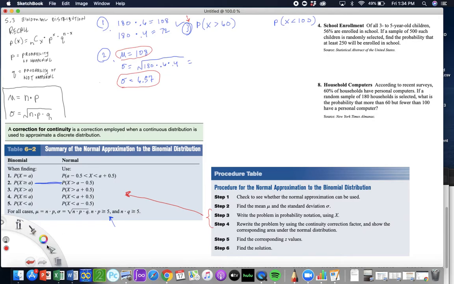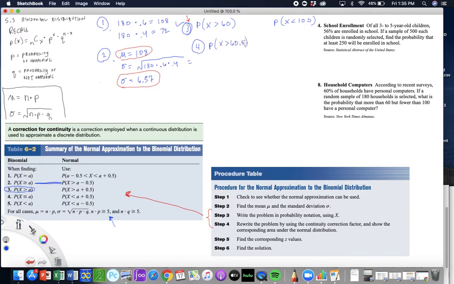So I'm going to rewrite these. Again, looking at the chart, I'm going to look in this chart for P(x greater than 60). So the greater than is right here. I look across and I see that I have to add 0.5 to the value. So instead of greater than 60, it's P(x greater than 60.5).